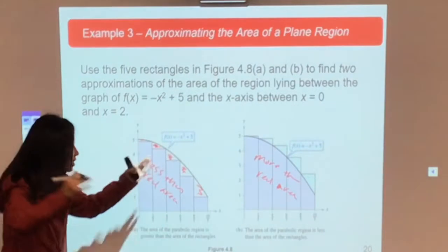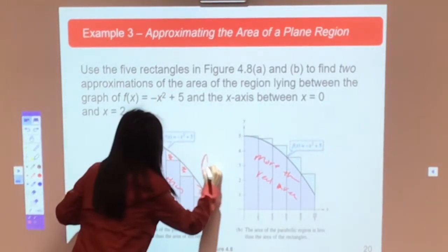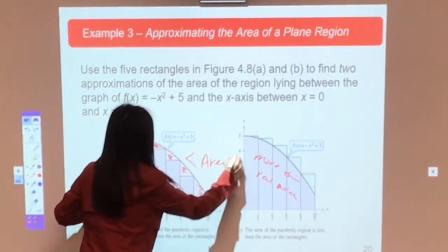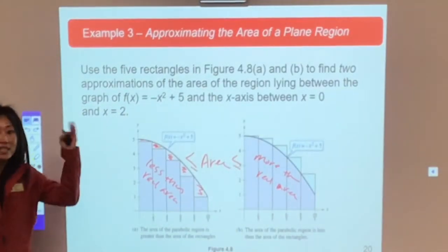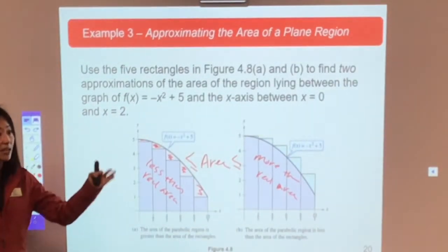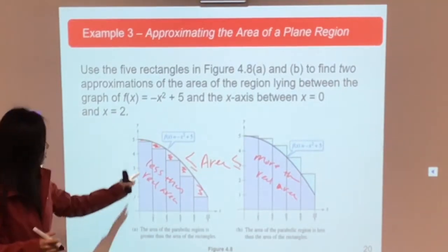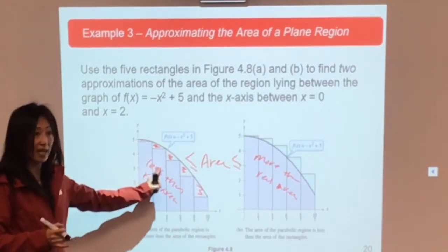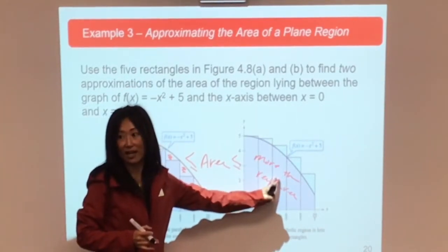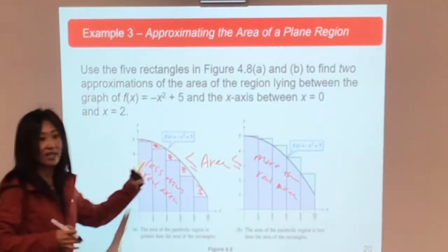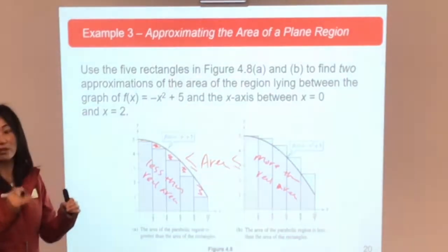The real area is in between those two, isn't it? So I can say, I don't have the exact answer, but I can tell you the area has to be bigger than this but less than that. Later on I can give you the exact answer by doing integrals.